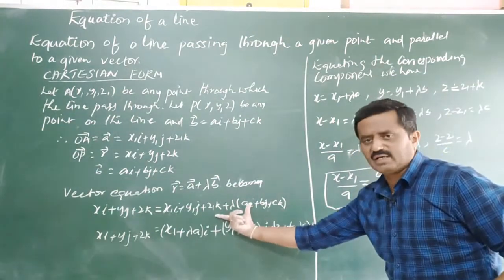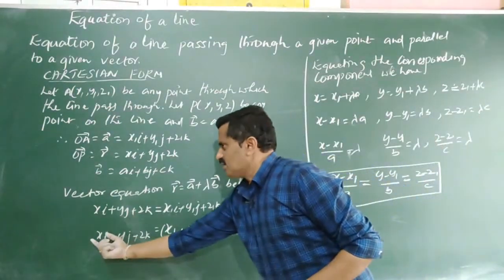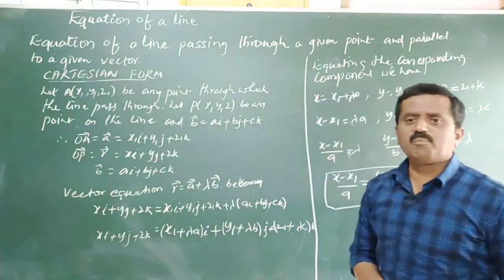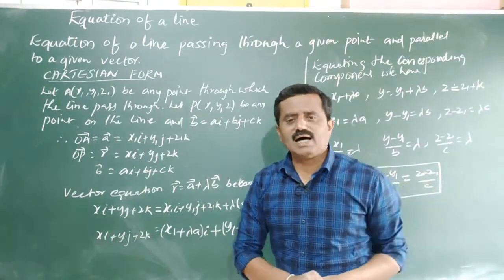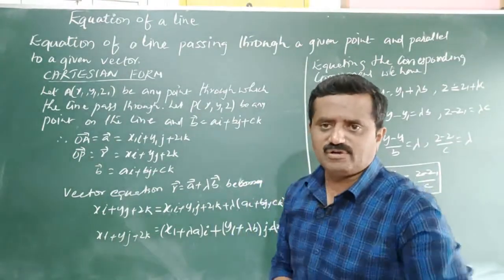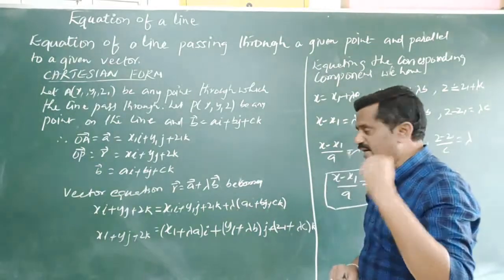Now comparing corresponding components, these two vectors are equal. We know that any two vectors are said to be equal if and only if their corresponding components are equal.